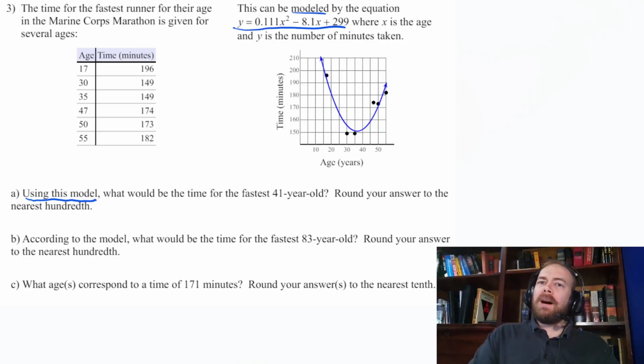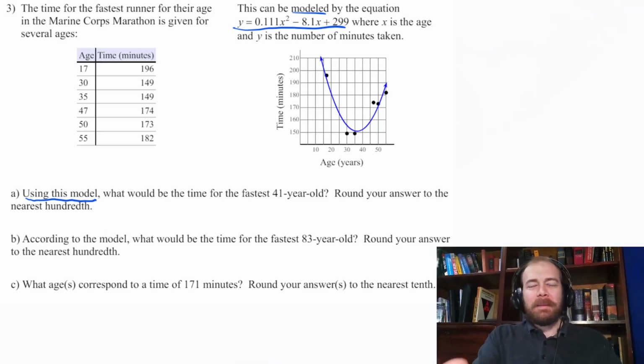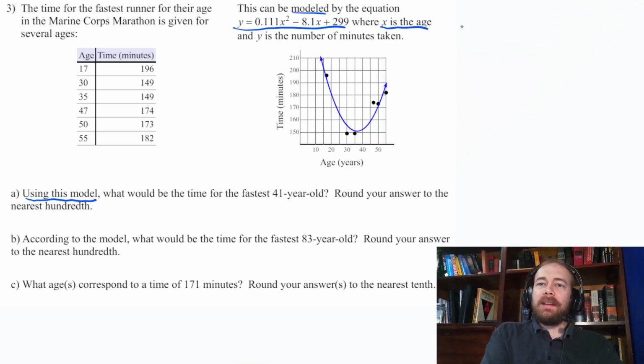It's modeled by the equation. Math has models too. So we plug in 41 for x because x is the age, and I am definitely going to use a calculator for this.